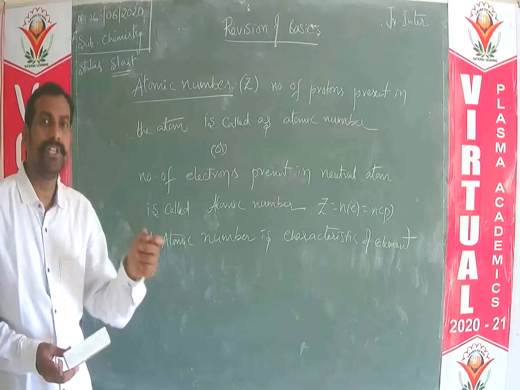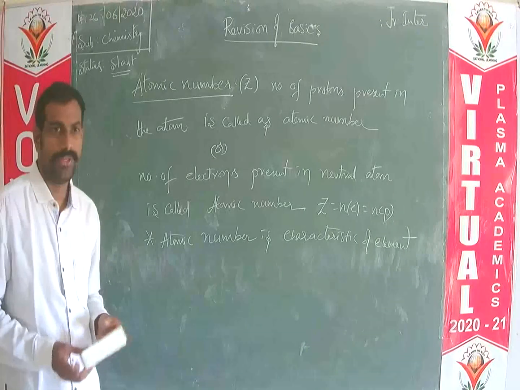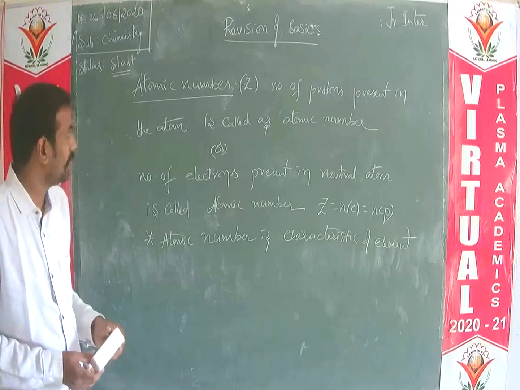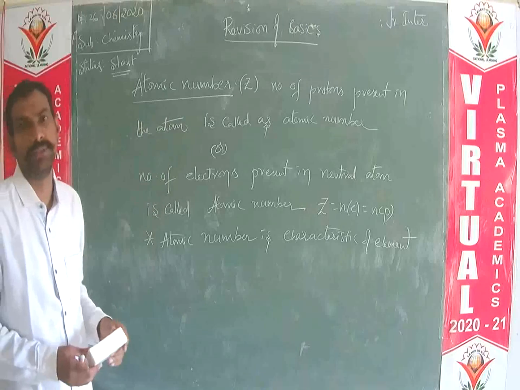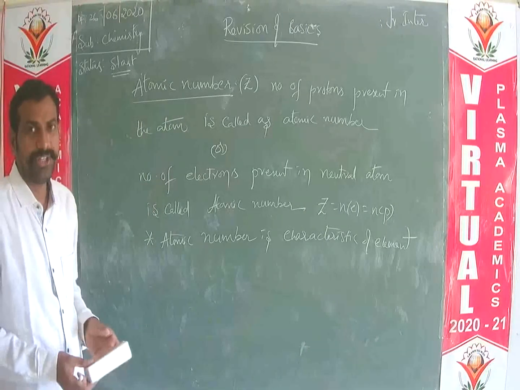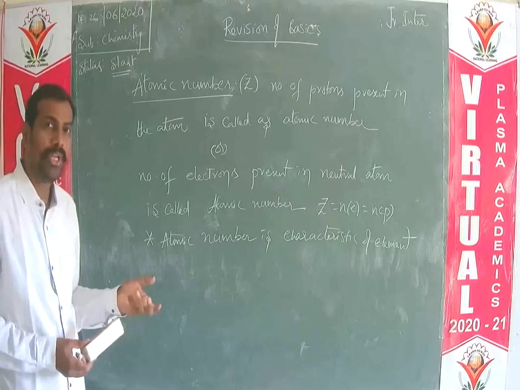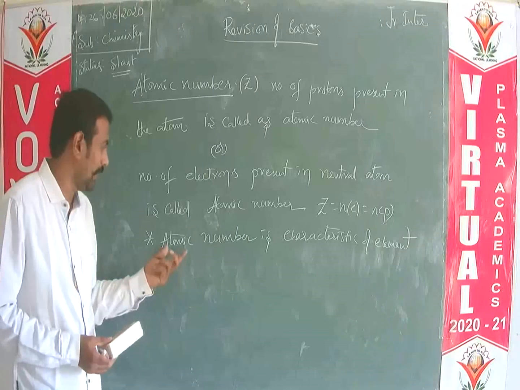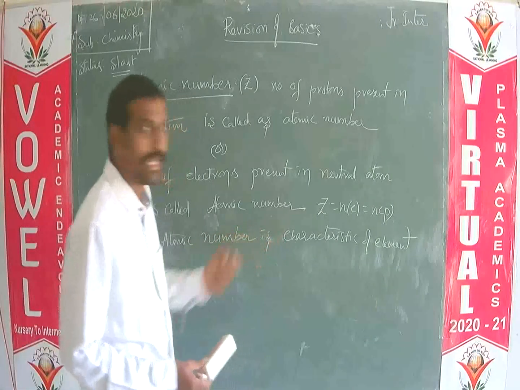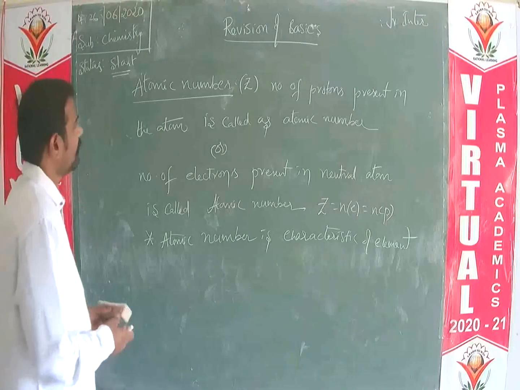That means fingerprint is the characteristic of yourself or any human being. Similarly, no two elements will have the same atomic number. For example, hydrogen's atomic number is 1, for neon it is 10, for calcium it is 20. So no two elements have the same atomic number, and hence atomic number is said to be the characteristic of the element.